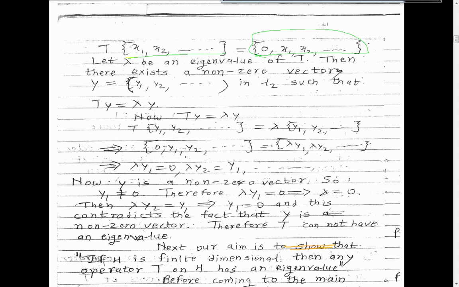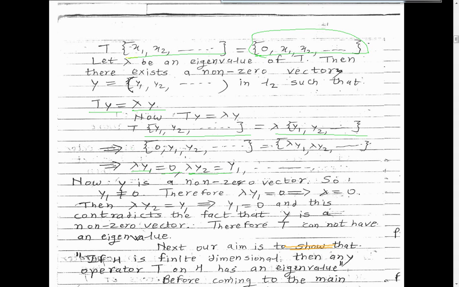If lambda is an eigenvalue of T and Ty is equal to lambda y, then T of the sequence y1, y2, and so on must equal lambda times y1, y2, and so on. This implies that lambda y1 must be equal to 0, lambda y2 must be equal to y1, and so on.